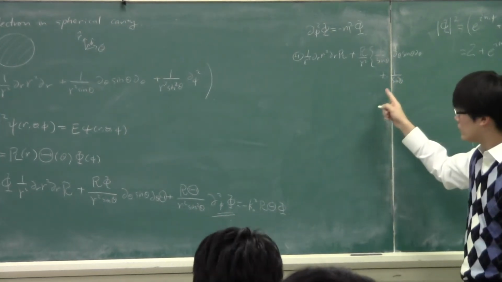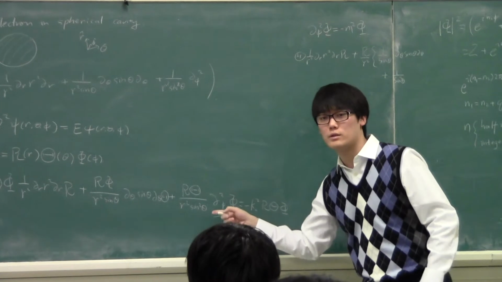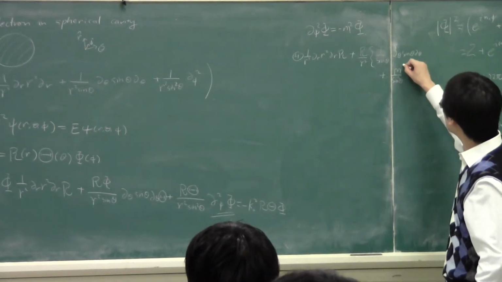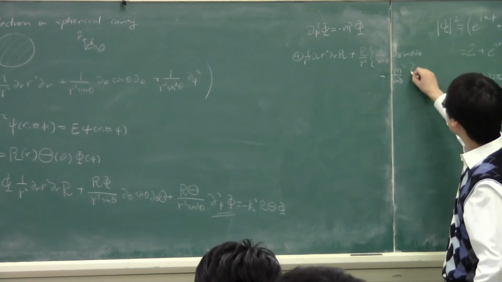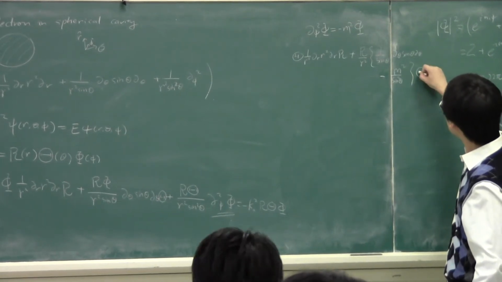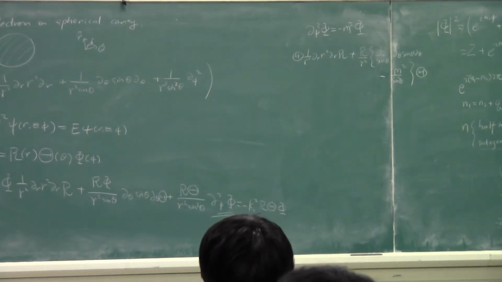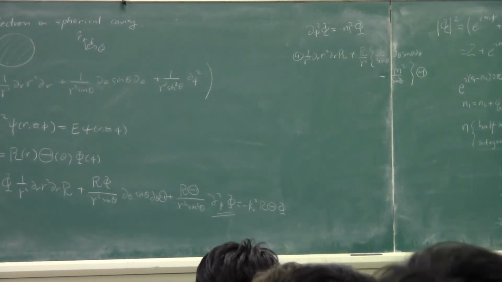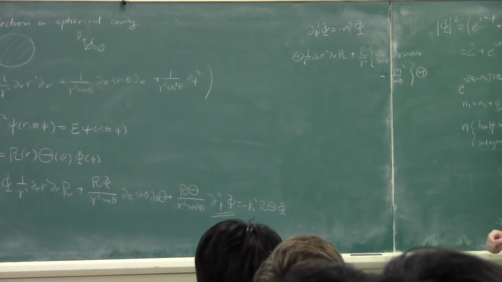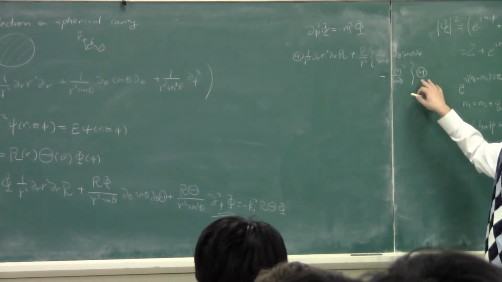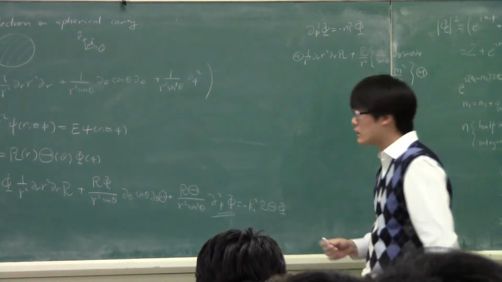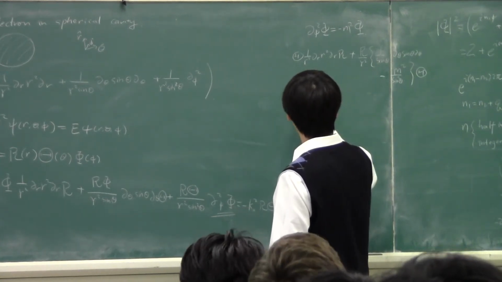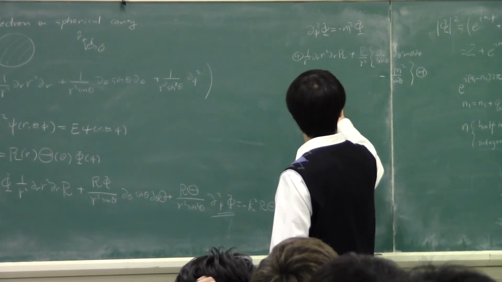And this term, because of the phi eigenvalue here, this term picks up the eigenvalue. So this is m squared, and I turn this into a minus sign. And then this whole thing operates on theta. Okay. So now the natural eigenvalue problem in the theta direction would be just this thing operating on theta. Okay. So let me define another eigenvalue problem, and I'm going to define it a little bit peculiarly.